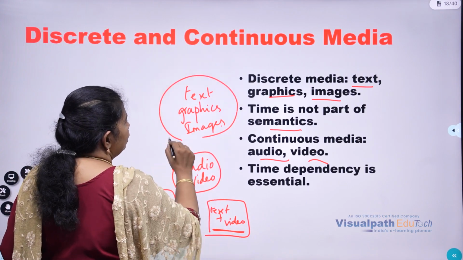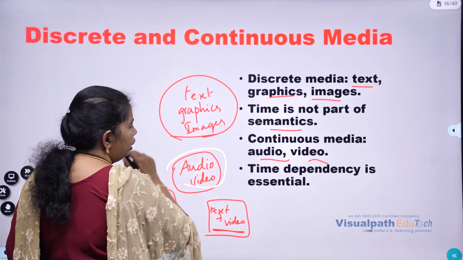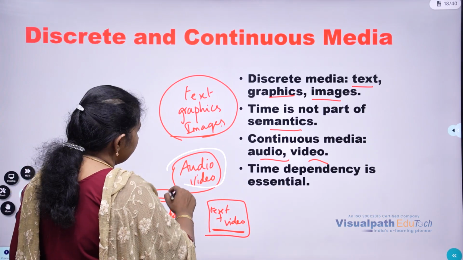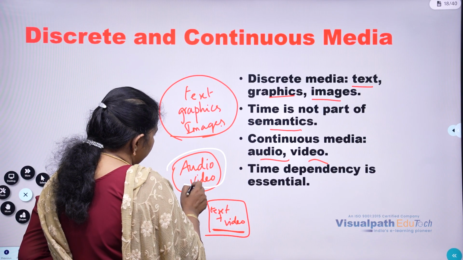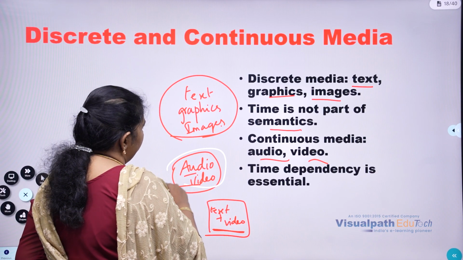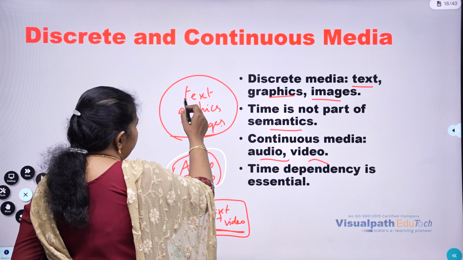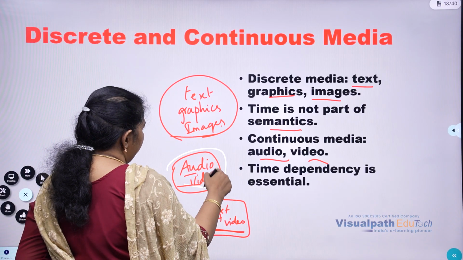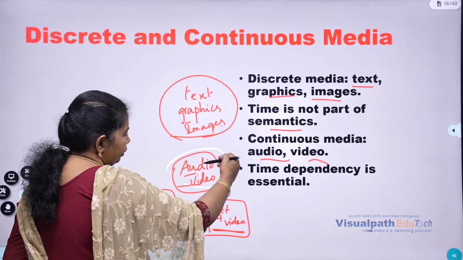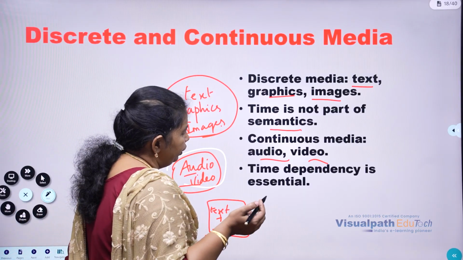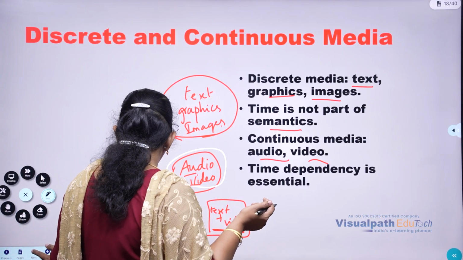So we are combining these two. One is from the discrete media, one is from the continuous media. So we need to add either audio or video. The same here: text will be combined with audio or video, graphics will be combined with either audio or video, and the image will be combined with either audio or video. So this is the thing here.